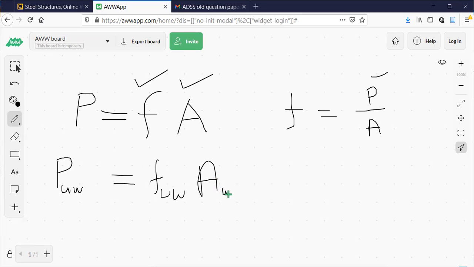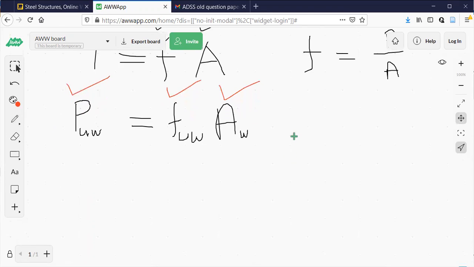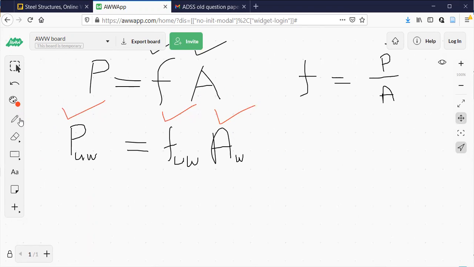I'll just give some notations here. Those notations which are relevant for the code book only I'll use later on. But basically what I'm trying to tell you, you observe here. Resistance developed by the weld is equal to stress in the weld into cross-sectional area of the weld. So here, there is one formula given for this.